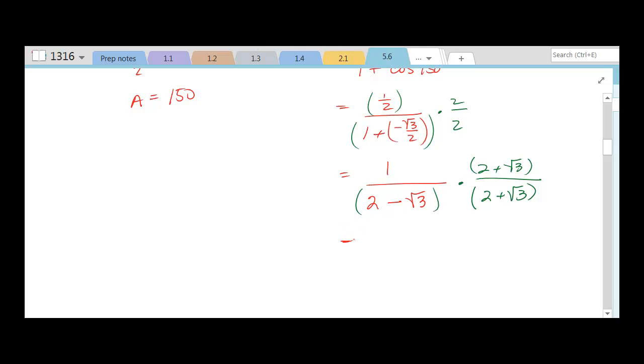So the numerator just becomes 2 plus the square root of 3. And the denominator, when I FOIL these two together, I get the first term squared, 4, minus the square of the second term, which would be 3. And 4 minus 3 is just 1, so this becomes 2 plus the square root of 3.